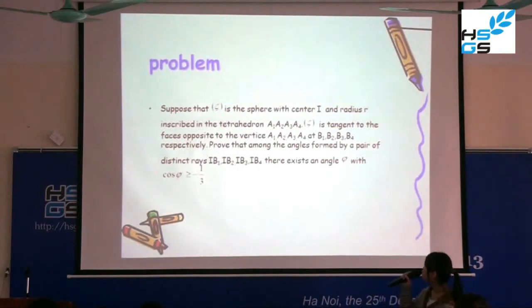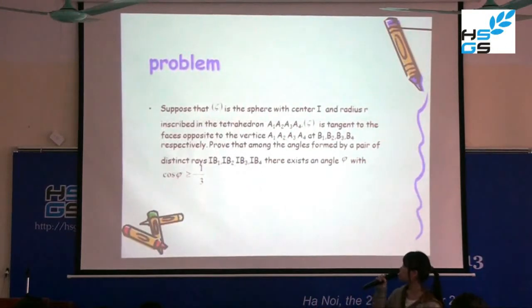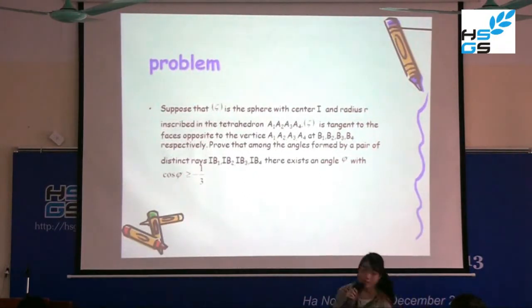Among the angles formed by a pair of distinct rays AB1, AB2, AB3, AB4, there exists an angle phi with cos phi greater than or equal to -1/3. This problem is not very difficult. I'll give you a small hint. You must use the porcupine theorem and some judgments, so you will easily get the correct answer.